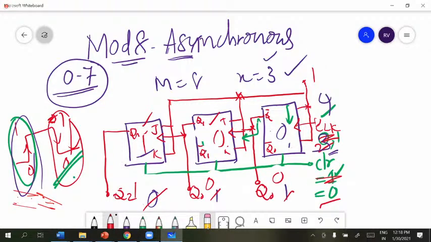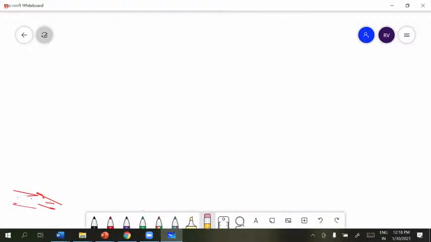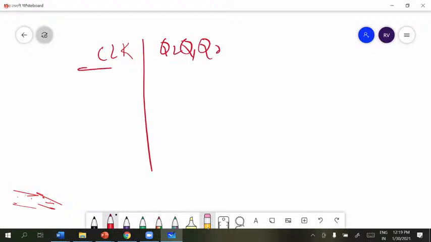If you didn't understand this concept, simply take the truth table and start writing this. This is the clock signal, and this is Q0, Q1, Q2. When clock is 0, I said it is 0.